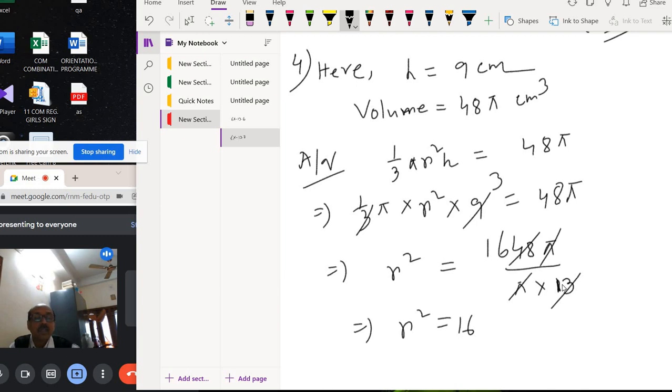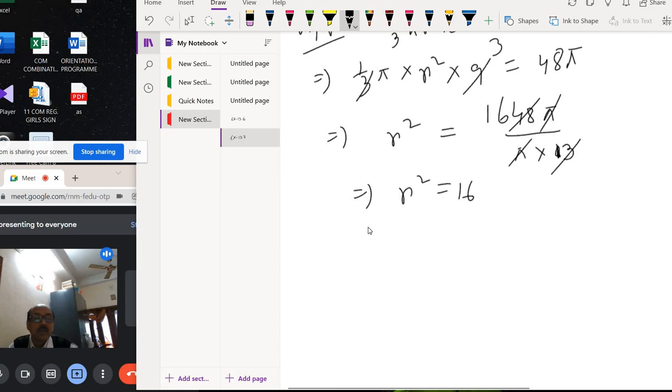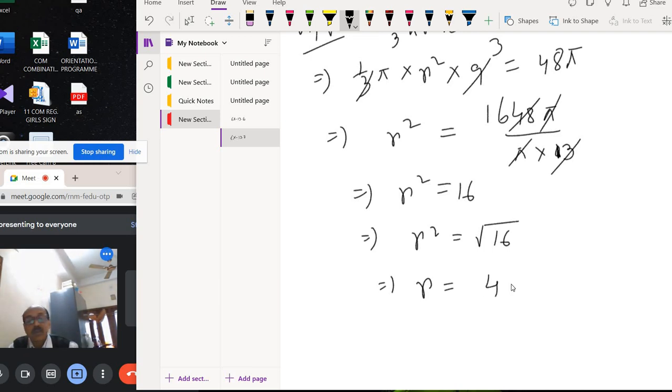R equal to under root 16, which is 4 square. So radius equal to 4 centimeter.